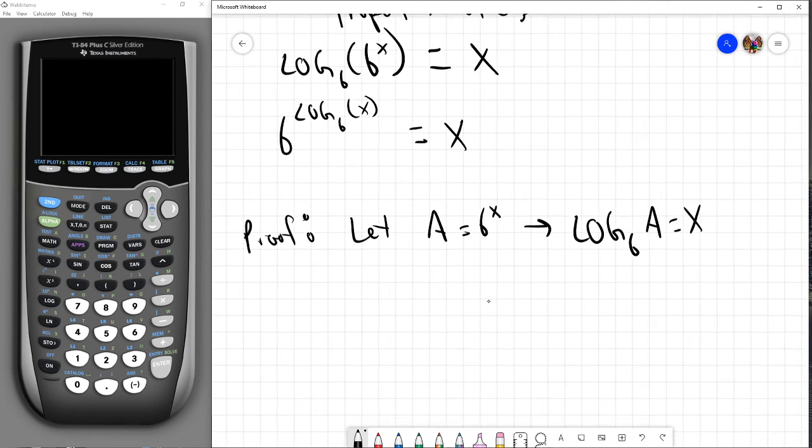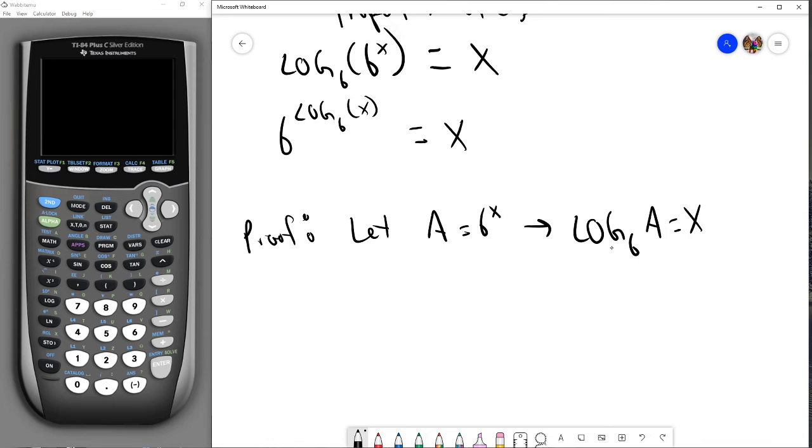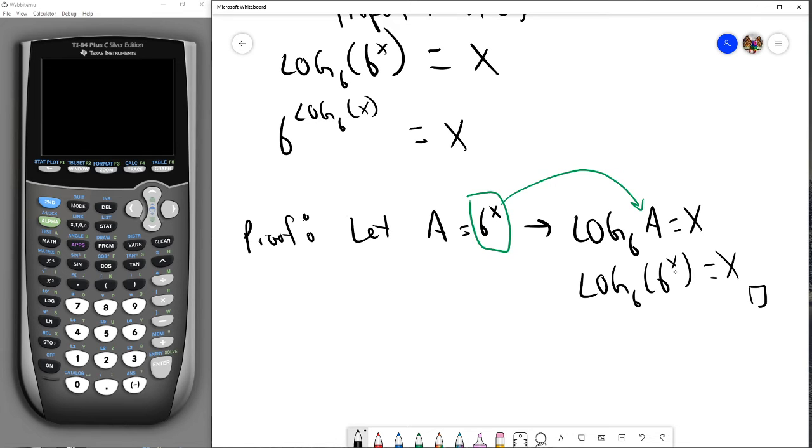Now, this is just by definition of rewriting the exponential as a logarithm. However, since a is equal to b to the x, I could substitute this term in for a. So then we get log base b of b to the x is equal to x. Done.